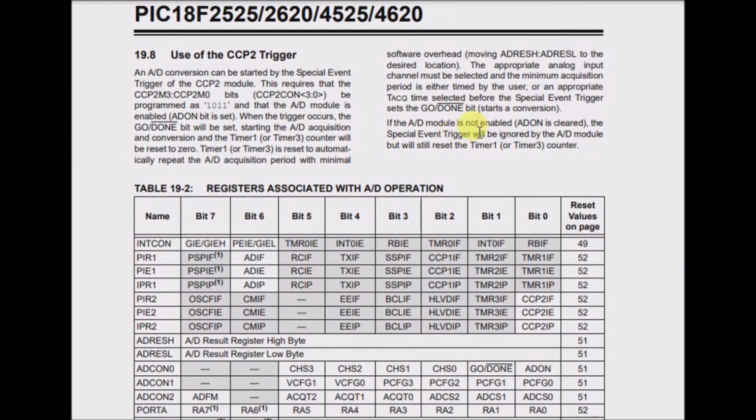If the AD module is not enabled, ADON is cleared, the special event trigger will be ignored by the AD module but will reset the Timer1 or Timer3 counter.